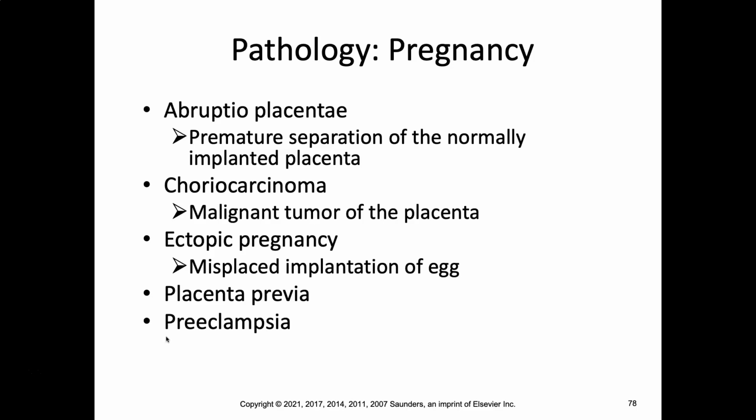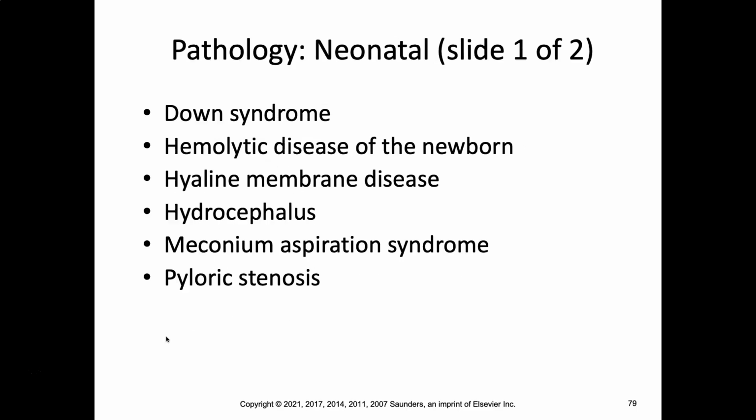Placenta previa. Placenta previa is where the placenta decides it's going to settle and grow over the cervix. And so when it comes time for the baby to be born, there's all sorts of trouble that go on with it. Preeclampsia, that is extremely high blood pressure during pregnancy.